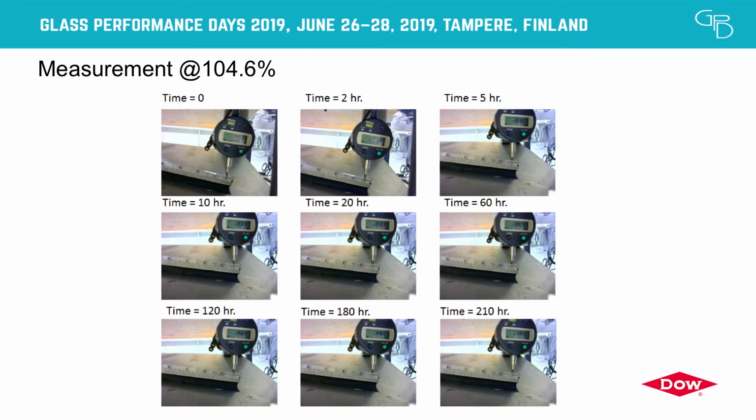So at a measurement of around 104.6% of peak strain, what we found is that over time you're seeing that the sealant is beginning to relax or creep or move, trying to get back to origin. So at around 210 hours, it's moved close to an inch.